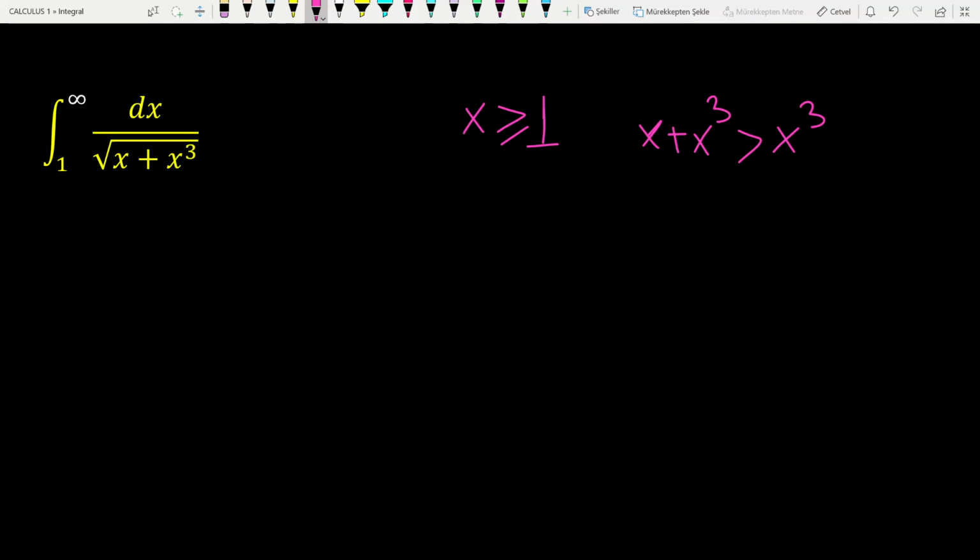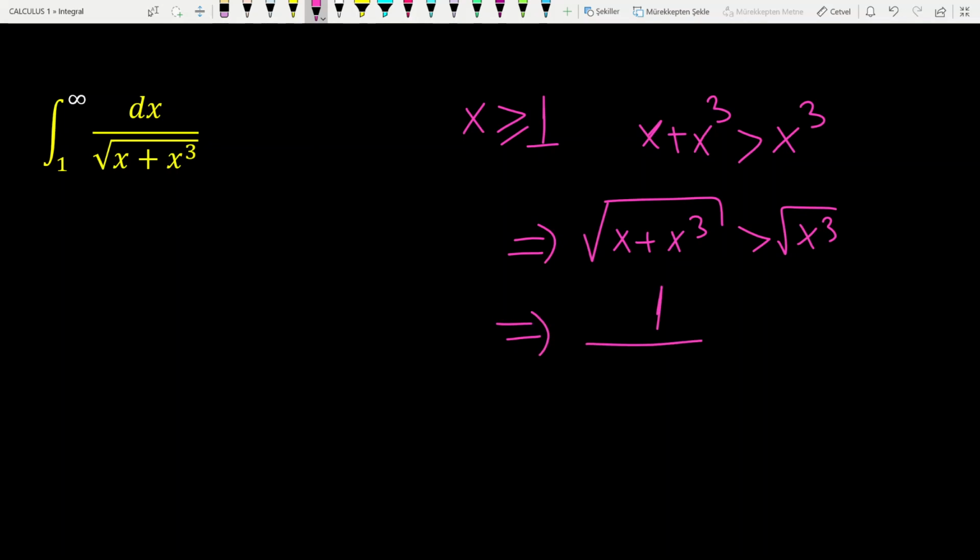If you take the square root of each side, you have the square root of x plus x cubed is greater than the square root of x cubed. If you reverse this inequality, you have 1 over the square root of x plus x cubed is smaller than 1 over the square root of x cubed.